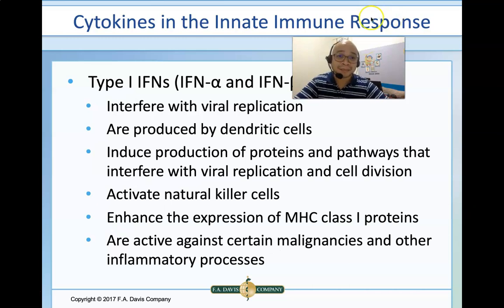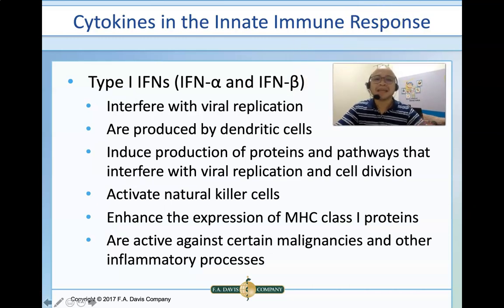Important for homeostatic mechanism. Okay, so type 1 interferons could either be alpha interferon and beta interferon. Okay, it's very important because it's like a natural antiviral substance inside our body, because these interferons may interfere with viral replication. So they are being produced by dendritic cells, and it will induce production of proteins and pathways that interfere with viral replication and cell division. Okay?